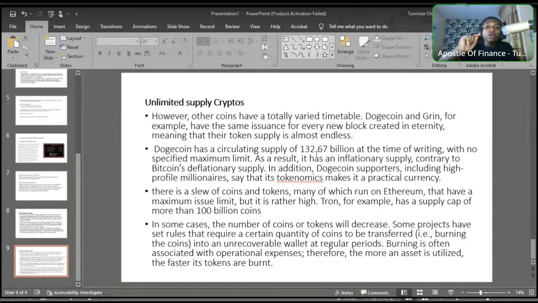Bitcoin only has 21 million Bitcoin, and it can only be reached by 2,140 a year, and we are still in 2022. Look at the range now. But look at Doge. Currently, we have 132 billion Dogecoin circulating in the market.